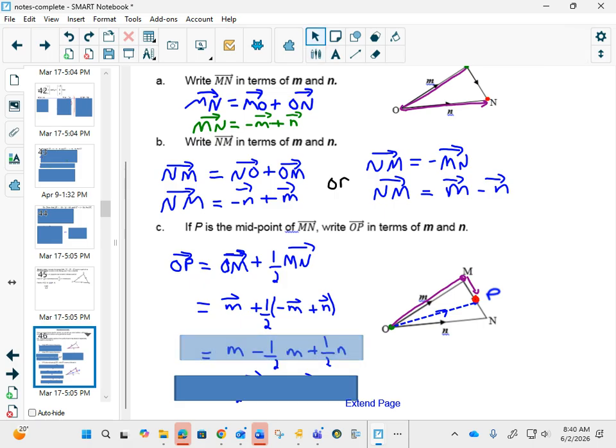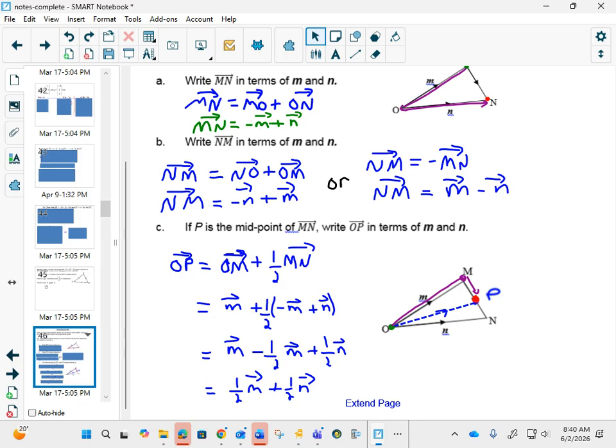If I simplify this, I get M minus half M plus half N, which is half of M plus half of N. Now if I erase this and I go halfway and draw an arrow in green, and I go halfway, I'll draw an arrow in orange.